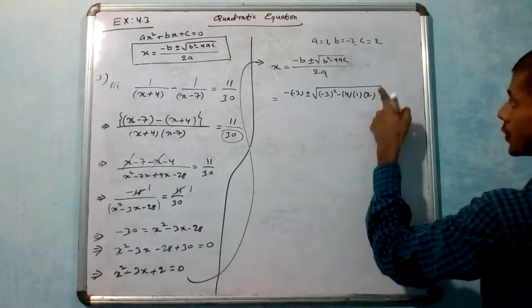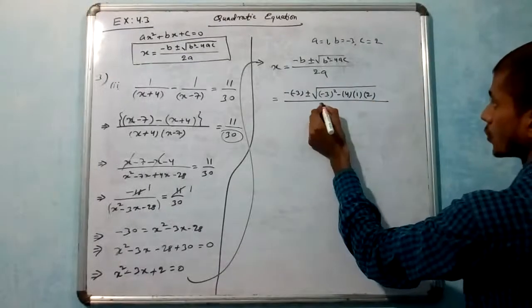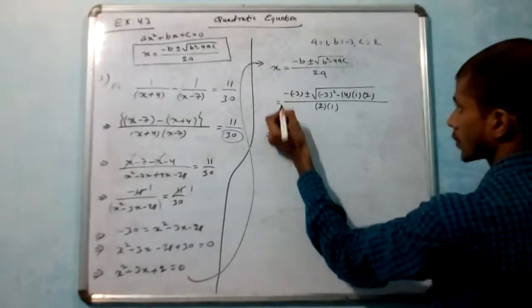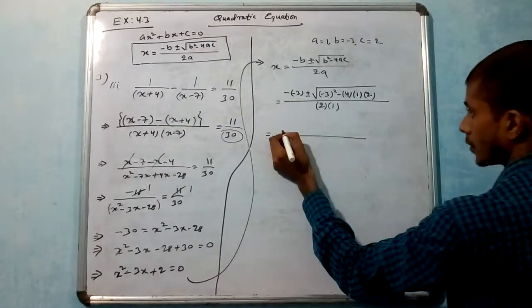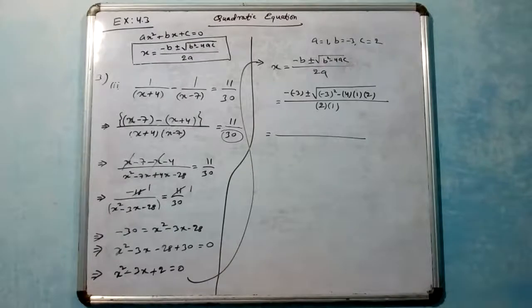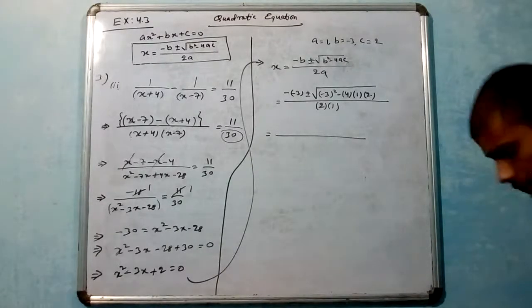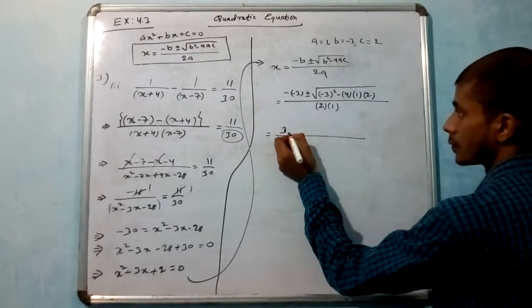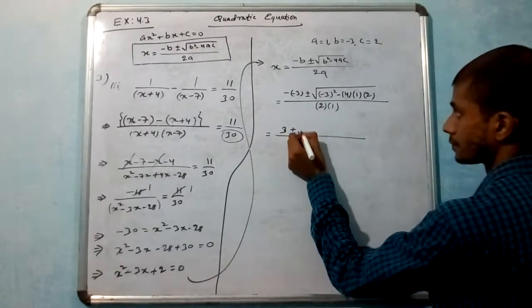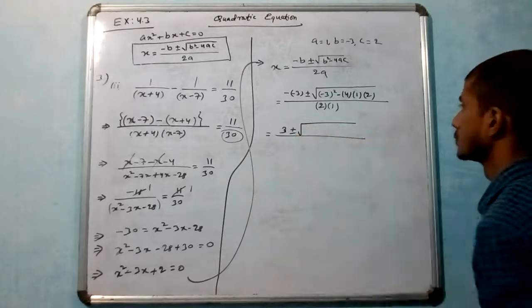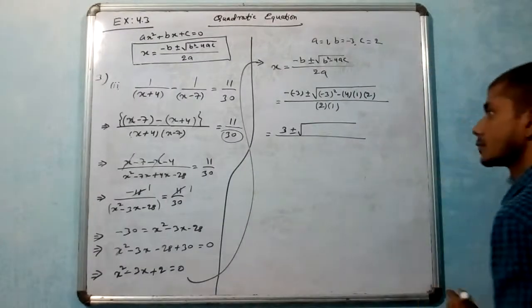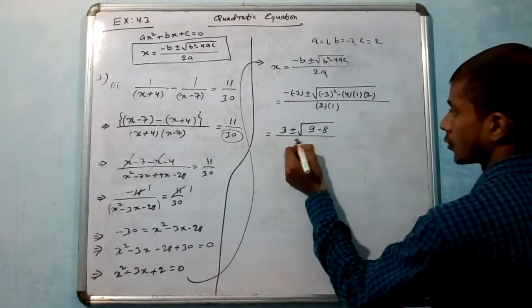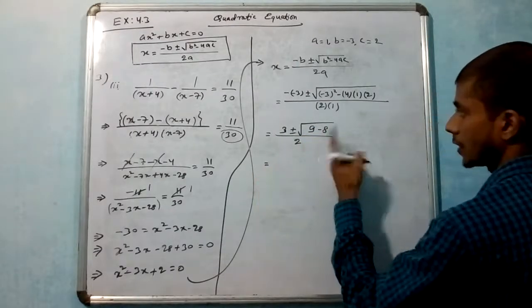Minus b plus or minus root of b square minus 4AC by 2A, 2 into 1. Okay. Next what? Then down to 9 minus 8, root of 1.